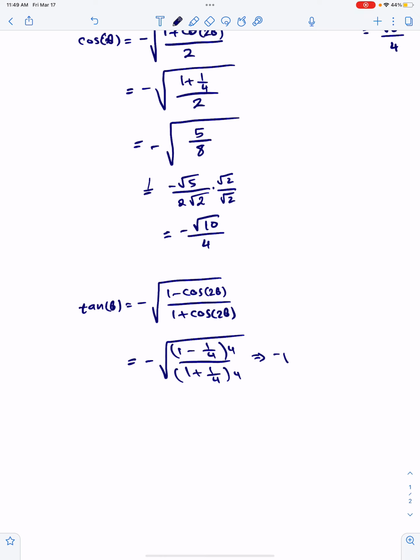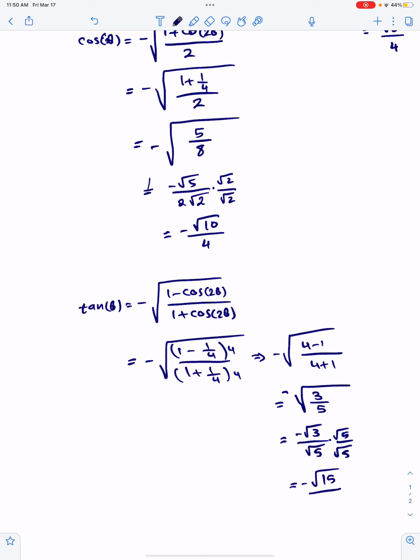You'll end up with negative square root of 4 minus 1 over 4 plus 1, which is negative square root of 3 over 5. I can leave it like that, or I can basically say this is negative square root of 3 over square root of 5 times root 5 over root 5. This is going to be negative square root of 15 over 5.